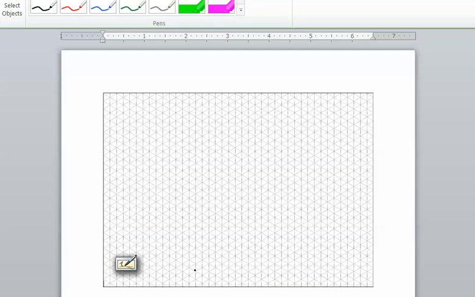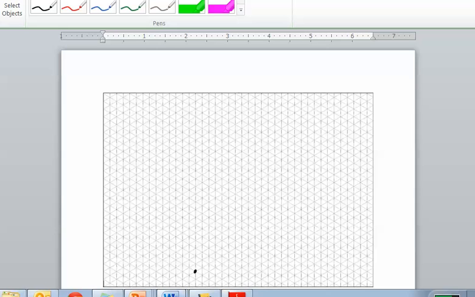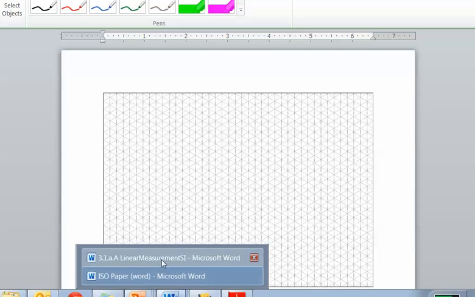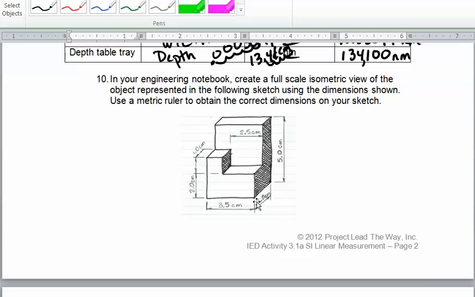I'm going to start by putting a little point right there. And I find out that it goes back 2 centimeters and it has a height of 5 centimeters.